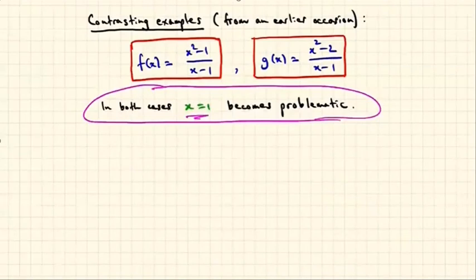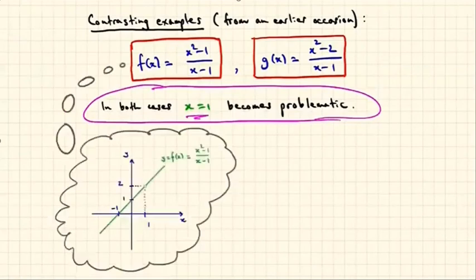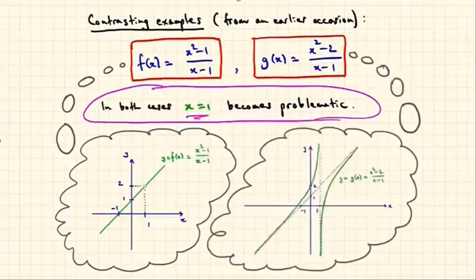We can produce the graph of f, which turns out to be a line with a hole at the point (1, 2), and the graph of g, which turns out to have an oblique asymptote and a vertical asymptote passing through the x-axis at x = 1.